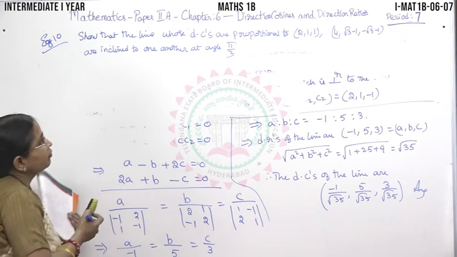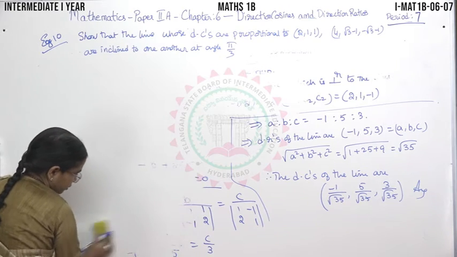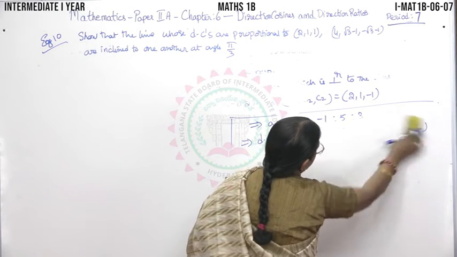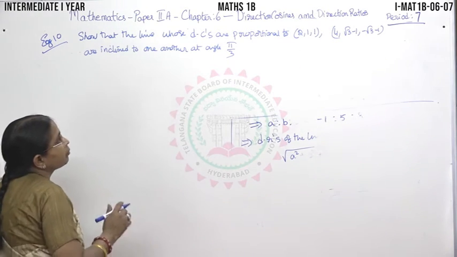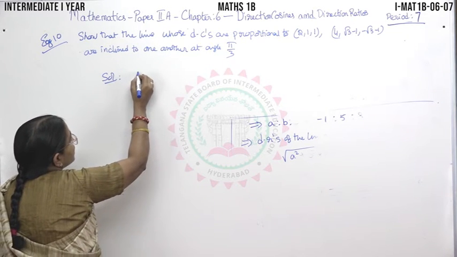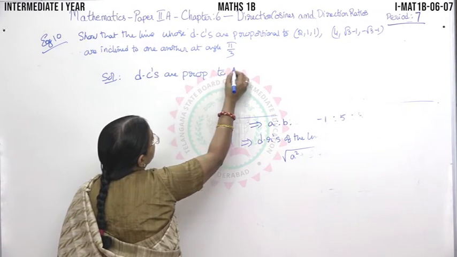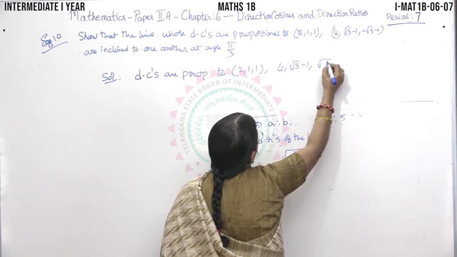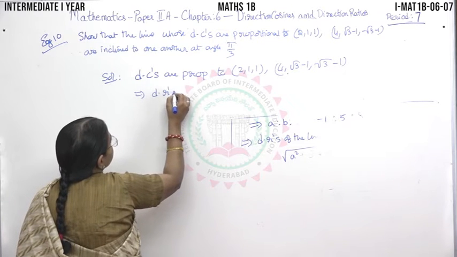So they are inclined to one another means what? That is the only point that you have to learn. Otherwise, if the problem is direct, you can easily do it. But here he has given it like this. The DCs are proportional to means what? They are the direction ratios.